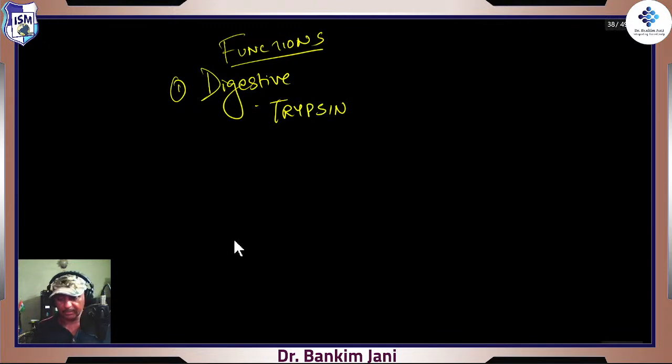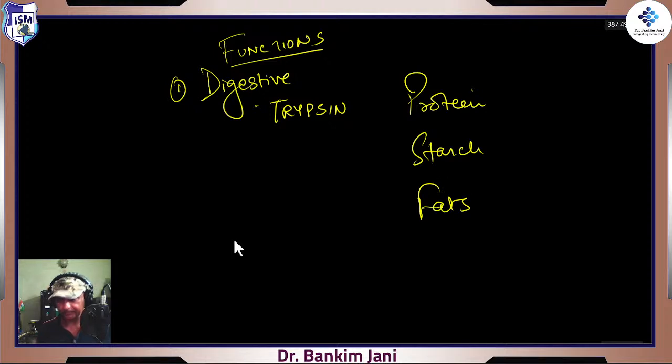Because in our food, there is protein, there is carbohydrate, that is starch, and there are fats. Trypsin will convert the protein into peptides, later into amino acids.